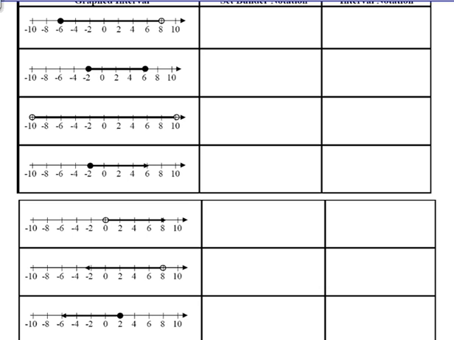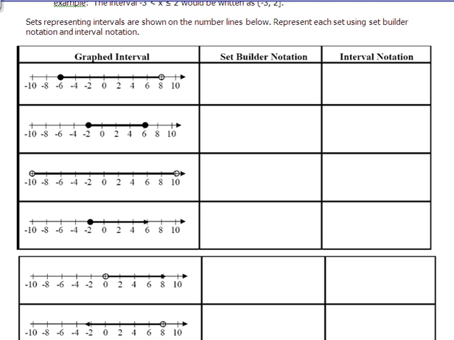So let's take a look, for example, at the first one. Now, what I have there is I want to include the -6. So therefore, I am going to put a hard bracket at -6, and it's an open circle at 8. So I want to exclude the 8. Set builder notation is a little bit more cumbersome.